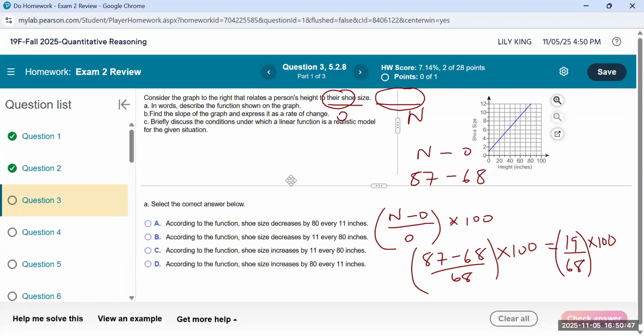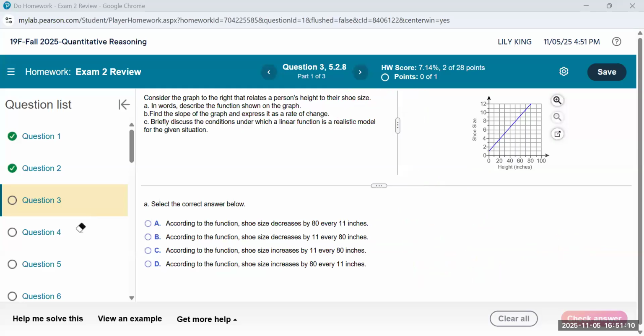Next, we have question 3. And here we need to select the correct answer below using the graph. We have to describe the function shown on the graph. Now, we have to first get rid of some of the obvious wrong answers. First of all, this graph is increasing.